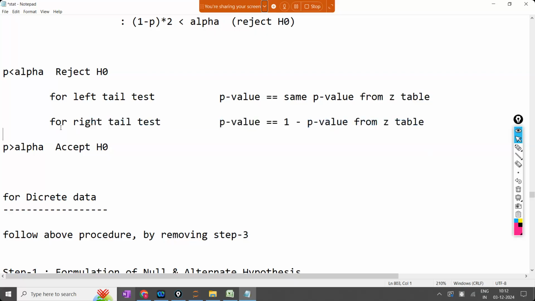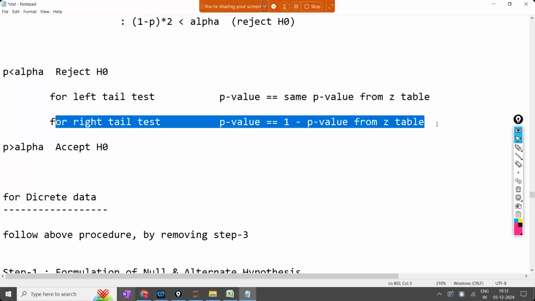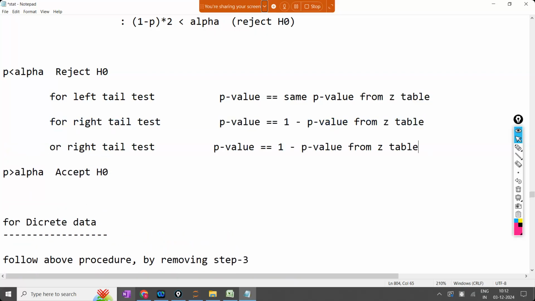For a two-tail test, your P value is equal to 1 minus the P value from the Z table, and for that you have to multiply 2 times.